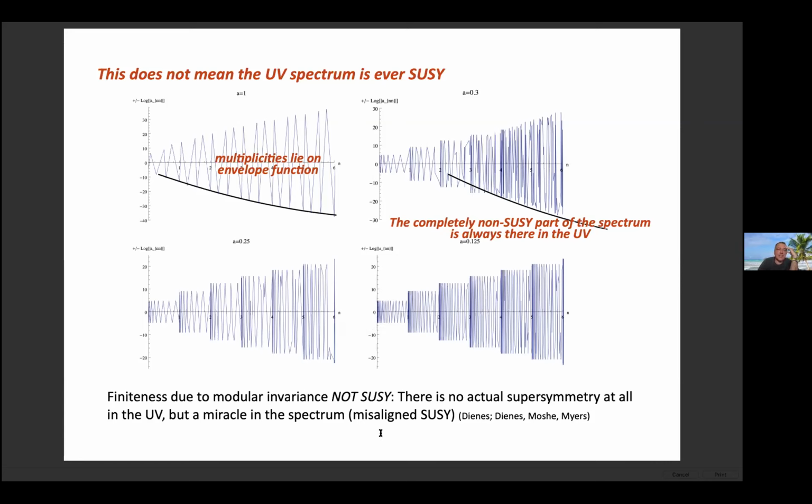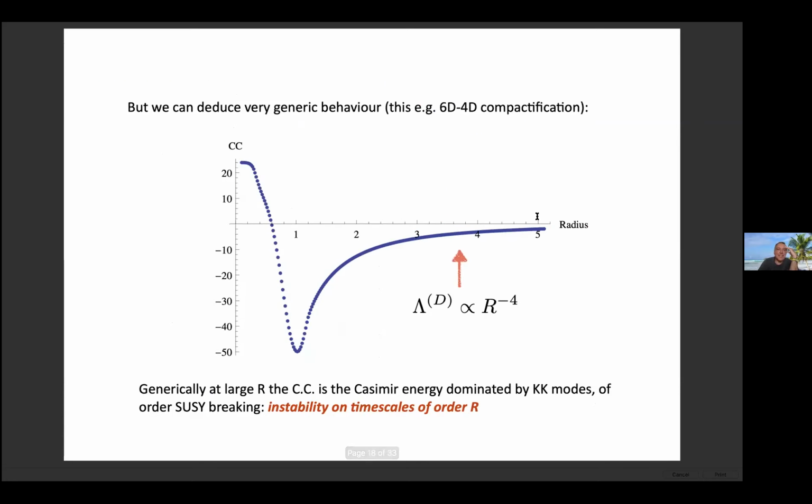So you see, this is what supersymmetry is obscuring, this behavior, which is actually the interesting part. Anyway, if we want to do phenomenology now, we can deduce very generic behavior. When the radius is large, in that part of the theory where I can control it, I am essentially looking at the Casimir energy of the compact dimensions.